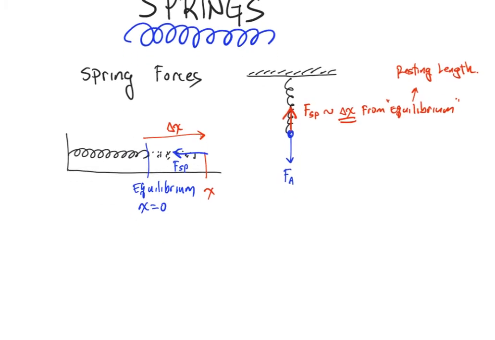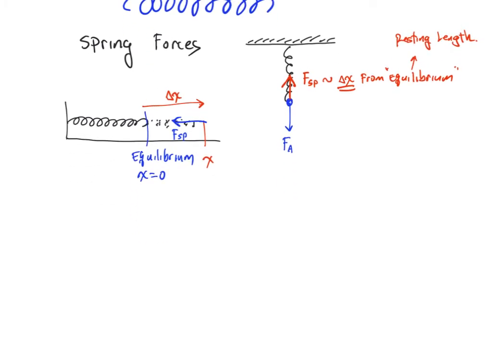And I want to come up with a way of calculating the spring force. So F spring. And it turns out there's only two things that matter. The first one I already mentioned. That's the distance stretched, delta x from equilibrium. And the other thing is we need to somehow measure how stretchy the spring is. Some springs are very weak. You apply a little bit of force and they stretch a lot. And some springs are very, very strong and it's really hard to stretch them.